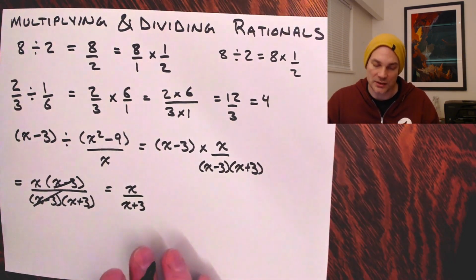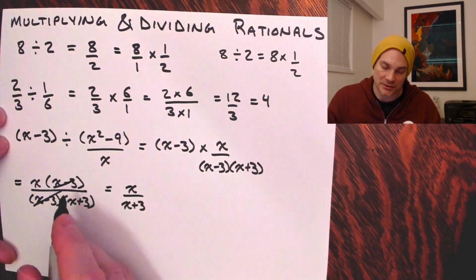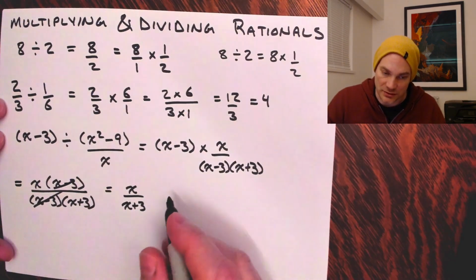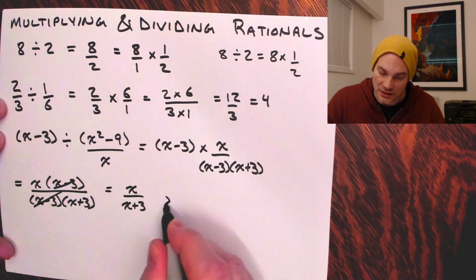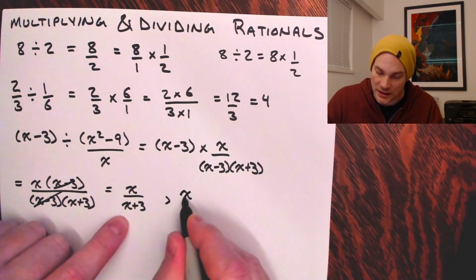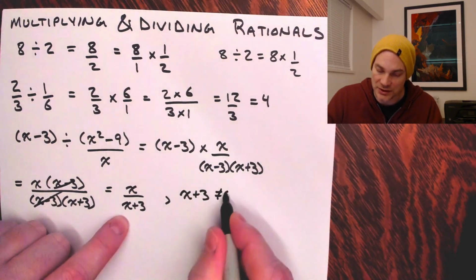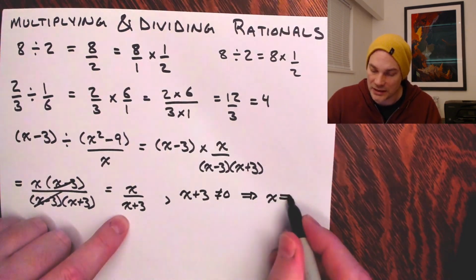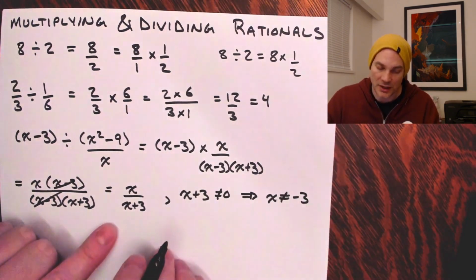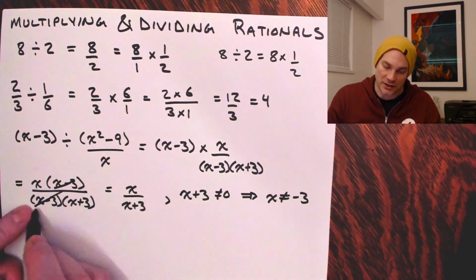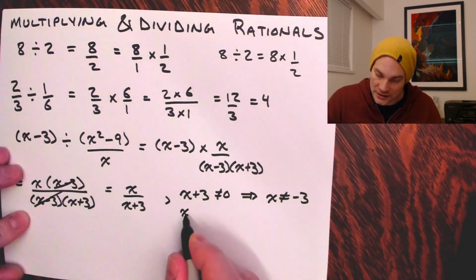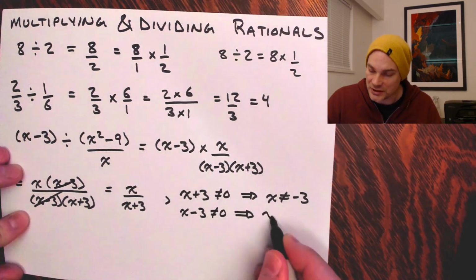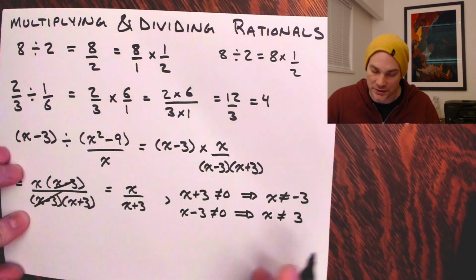So this is our simplified form, so we've gone and simplified things, but we need to make sure that the restriction's still upheld. So what we could do here is I'm going to say x plus 3 can't equal 0, which is the same as x can't equal negative 3. But we also canceled out this, so I know that x minus 3 can't equal 0, which is the same as x can't equal positive 3.